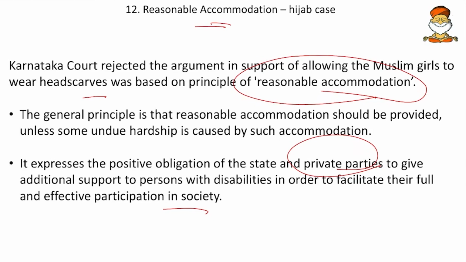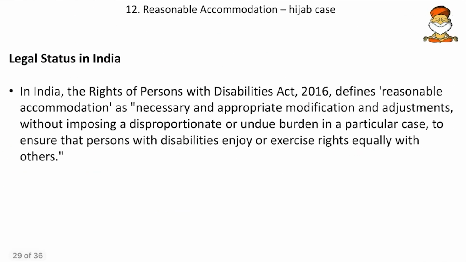So basically this reasonable accommodation is with respect to persons with disabilities. That is, in India, the Rights of Persons with Disabilities Act 2016 defines the term reasonable accommodation. It is defined as the necessary and appropriate modification or adjustment, without imposing any disproportionate or undue burden in a particular case, to ensure that persons with disabilities enjoy or exercise rights equally with others.